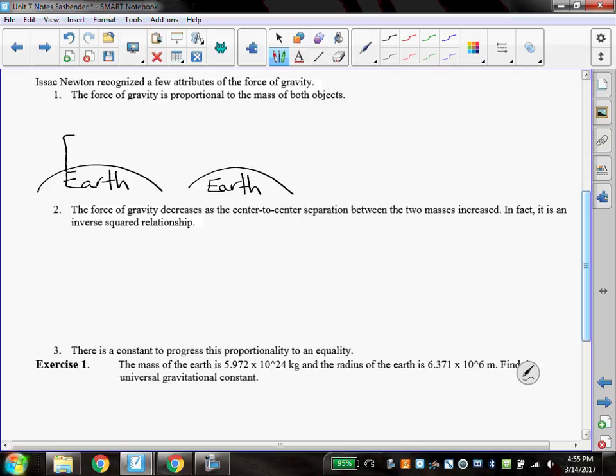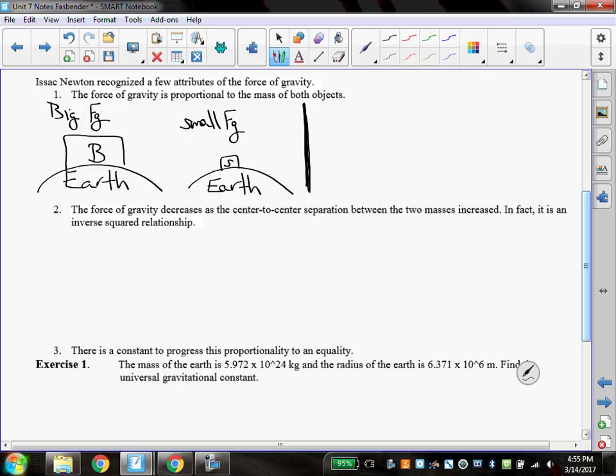Maybe we have some kind of big object, and then we have some kind of small object. Would they have the same force of gravity? Of course not. The big object would have some kind of a big Fg, and our small object would have some kind of a small Fg. So it's very clear to us that the mass of our object affects our force of gravity.